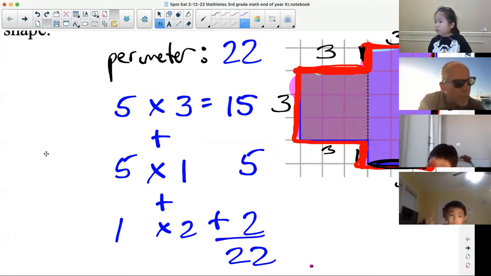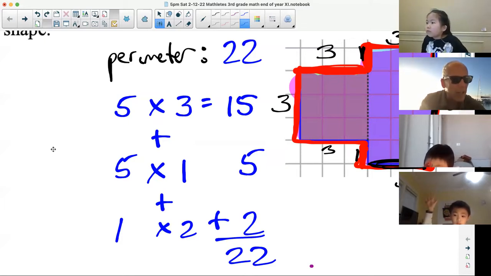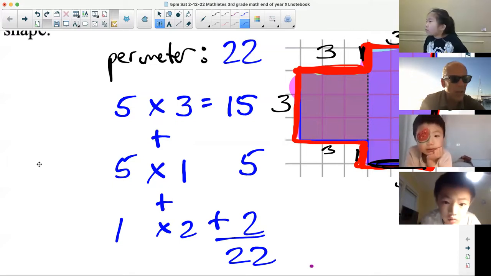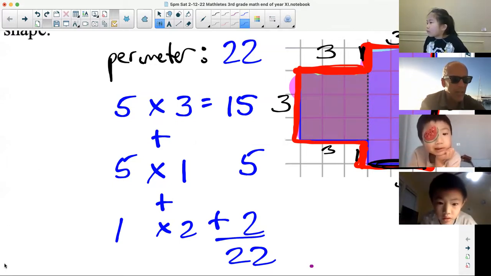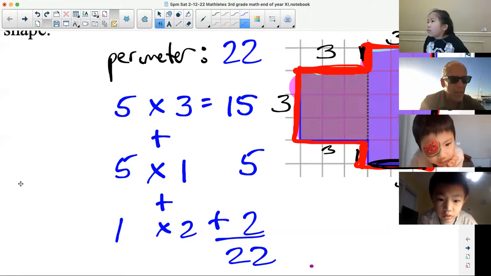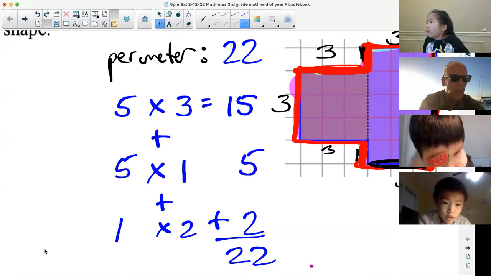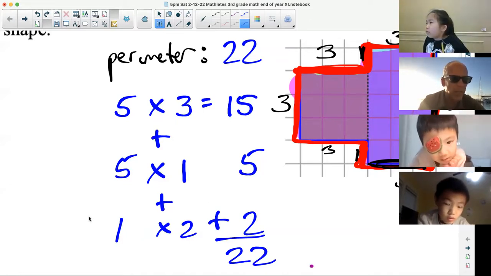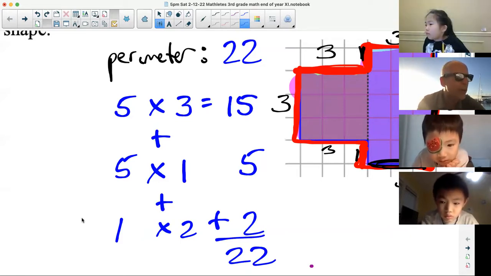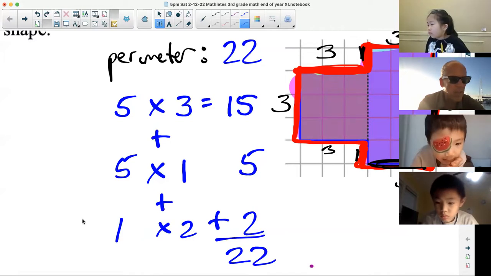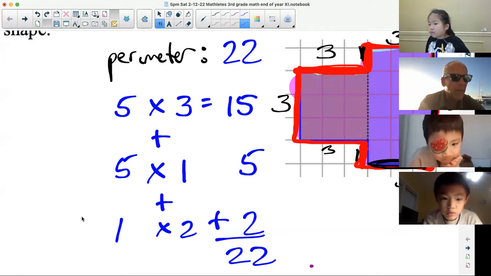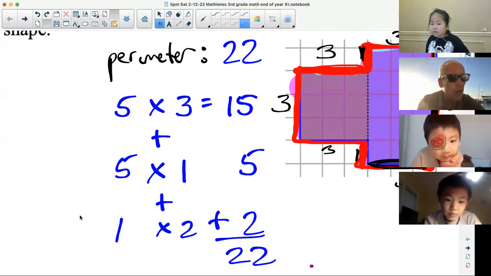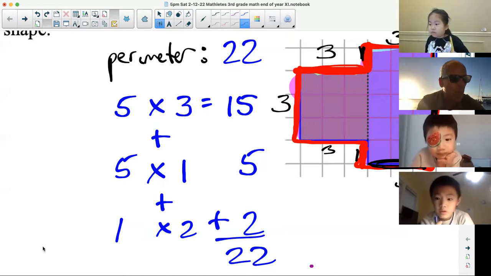Now, who can figure out the area? Jason? And Jason, what is your last name, buddy? I'm going to rename you with the last name letter. What's the first letter in your last name? F. Is it F? That's Jason F. What about you, Jason?